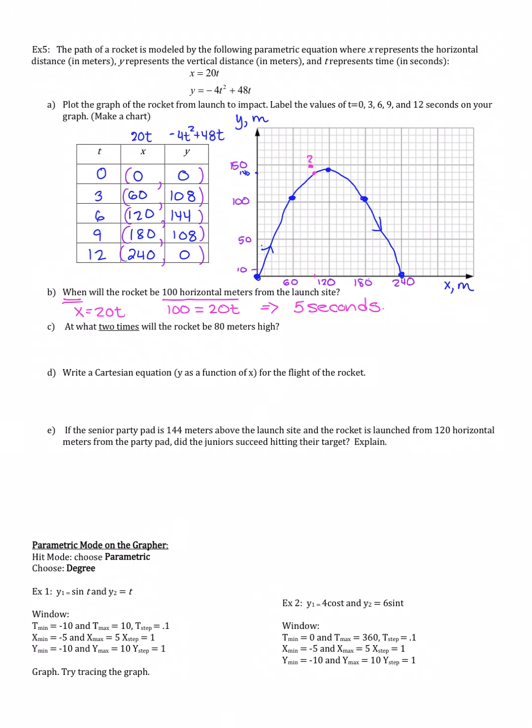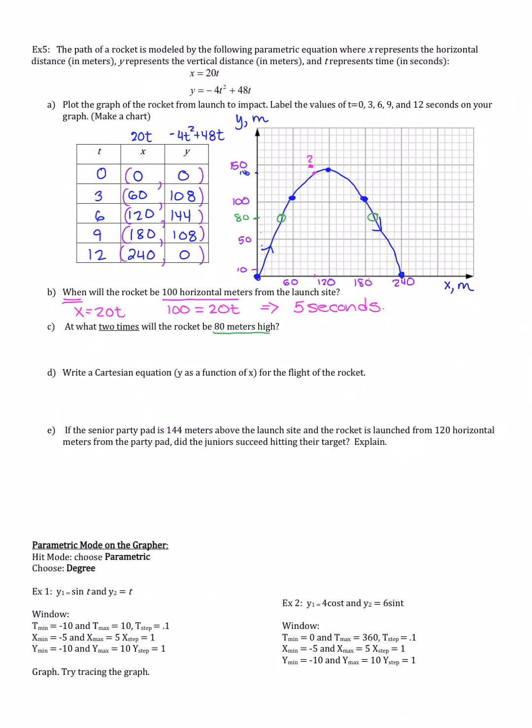All right, at what 2 times will the rocket be 80 meters high? So 80 is right here. Following that, so here's 80 going up, here's 80 going down, and what we want to find is the time when that happens.